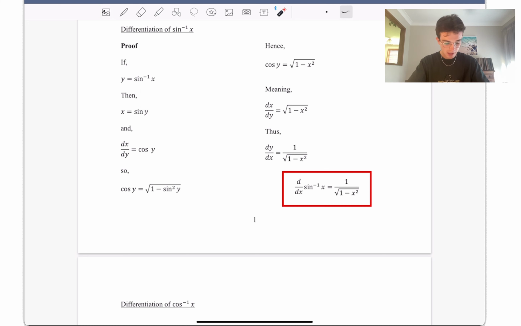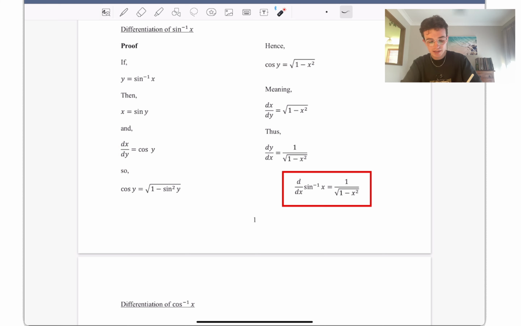Now because of that, we know that cos squared x plus sine squared x is equal to 1. So that would mean that cos y is equal to the square root of 1 minus sine y squared. But we've said that sine y is equal to x, so cos y is equal to the square root of 1 minus x squared. But at the same time, we've said dx/dy is cos y.